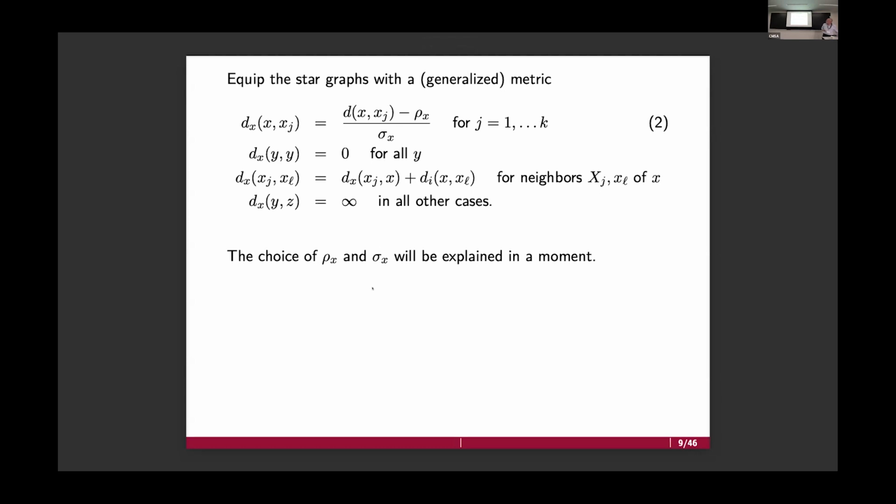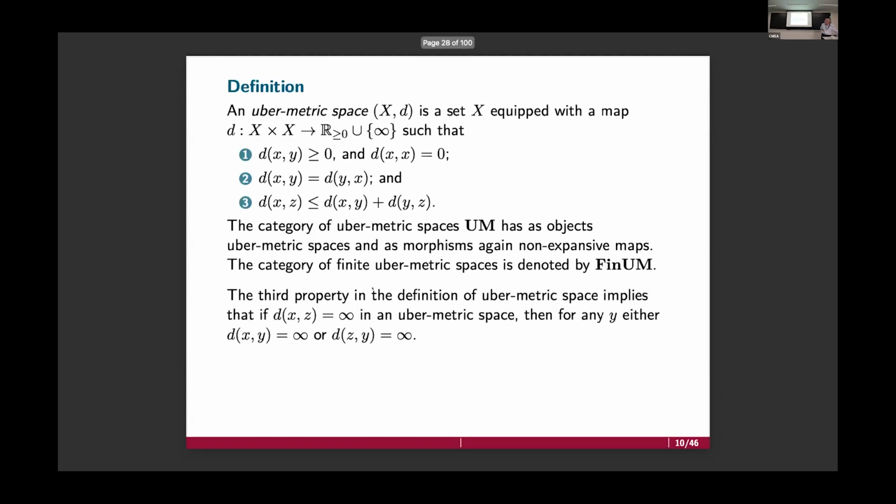Now we need to choose rho and sigma, and I will tell you in a moment.